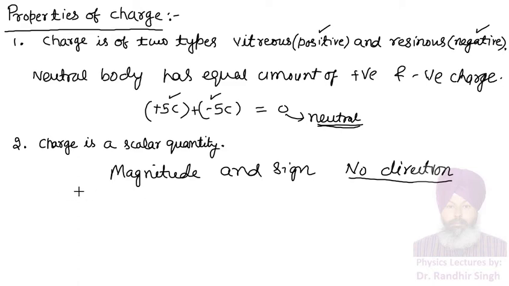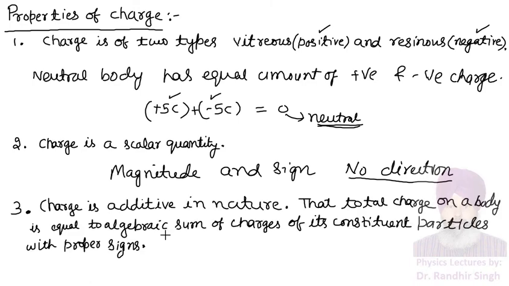Let us now write the third property of charge. The third property says that charge is additive in nature. That is, the total charge on the body is equal to the algebraic sum of the charges of its constituent particles with proper signs. So the sign of the charge is very important, that you must remember.